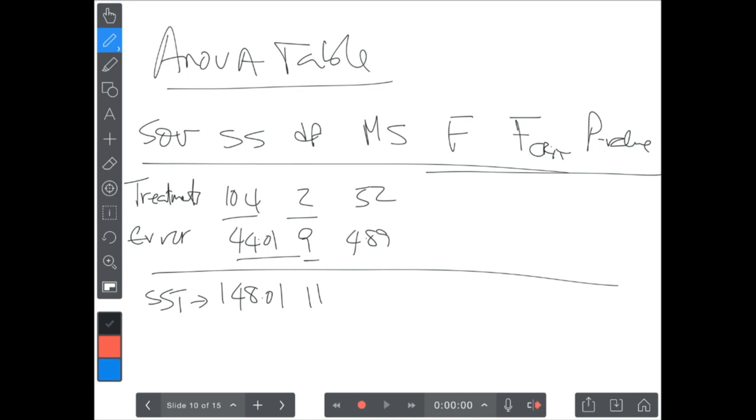Now the F value is MSTR divided by MSE. So I divide those two values to get my F observed, which is 52 divided by 4.89, and we got 10.63. With our critical value, we found from the table 4.26, and the p-value, which we know is less than 0.01.